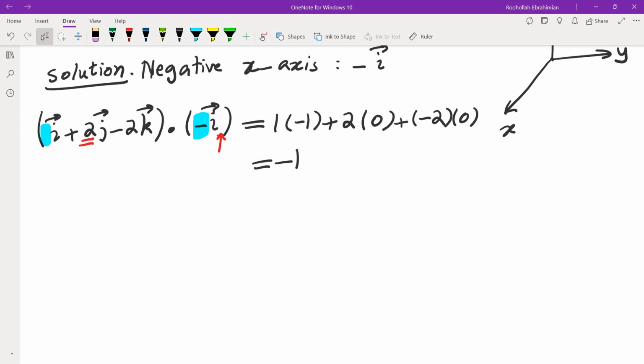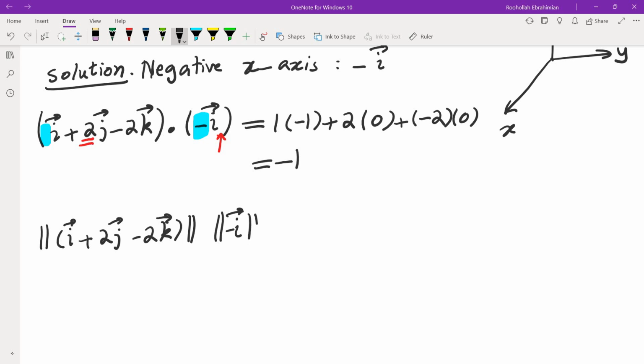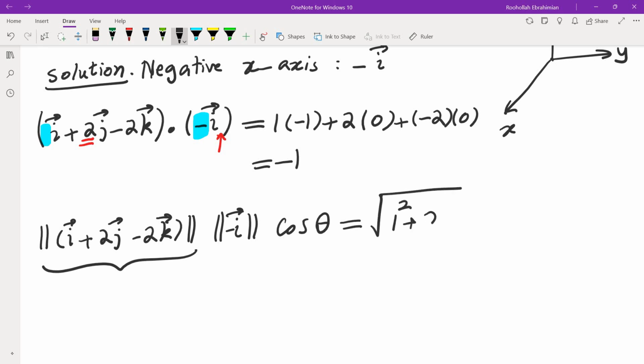Now, on the other hand, the dot product is also the same as the magnitude of the first vector times the magnitude of the second vector times the cosine of the angle in between. So let's evaluate the magnitude of this. The magnitude of this is the square root of 1 squared plus 2 squared plus negative 2 squared. And then this one is the square root of negative 1 squared, and then cosine of theta.